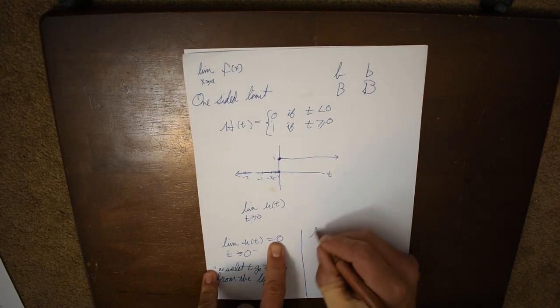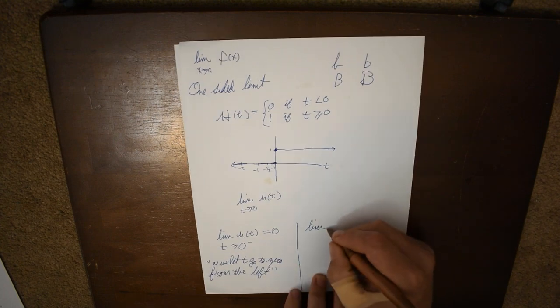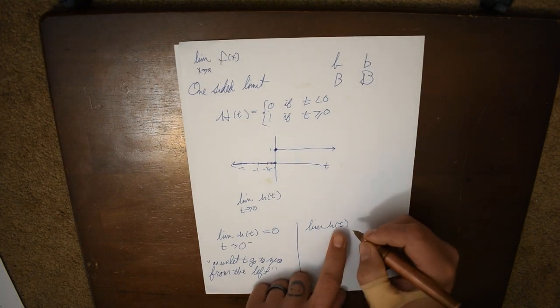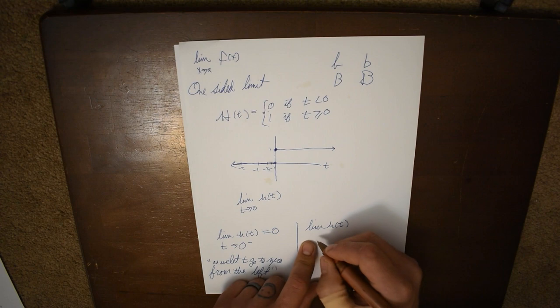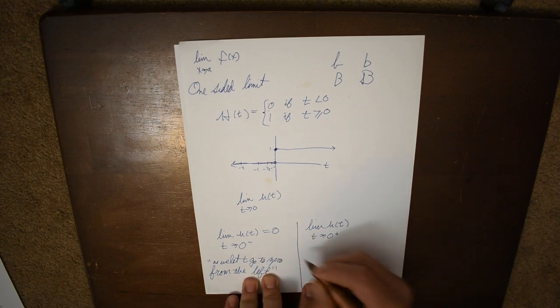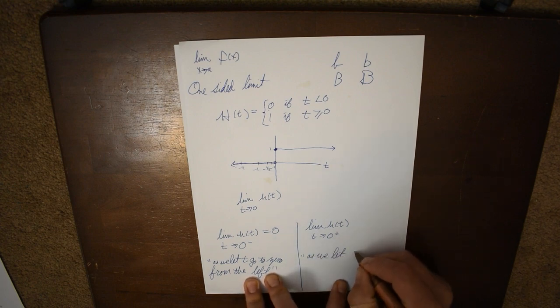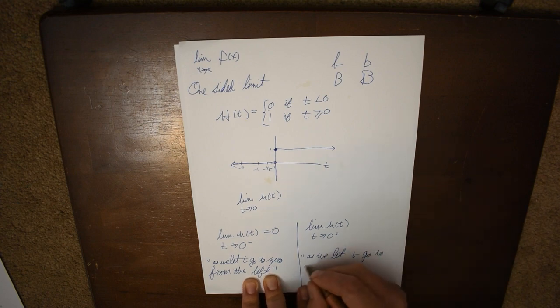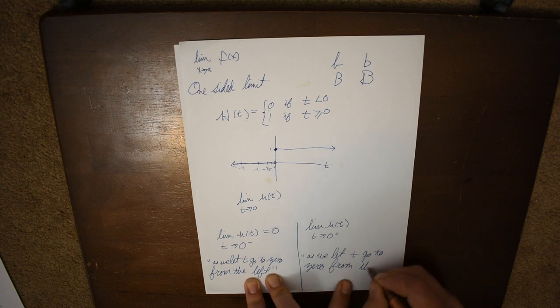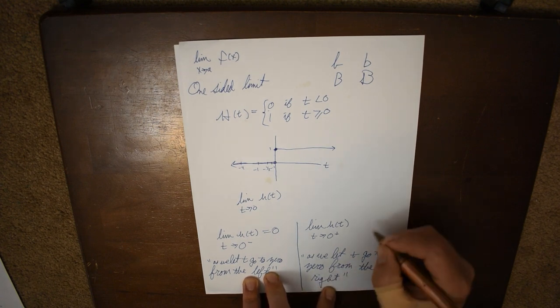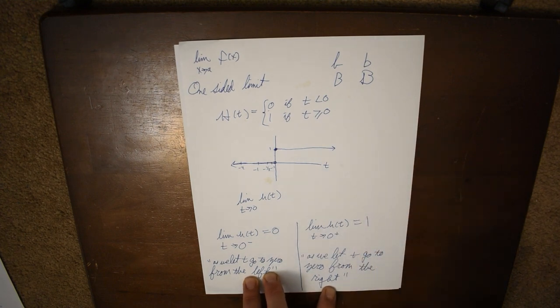But the limit of h of t, or the pattern in the y values of h of t, as we let t approach 0 from the right, is equal to 1.